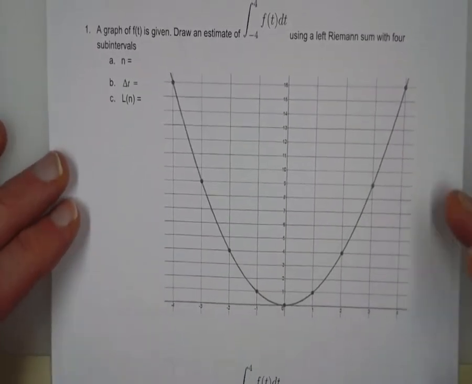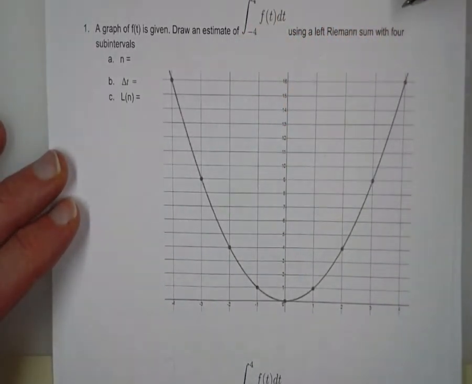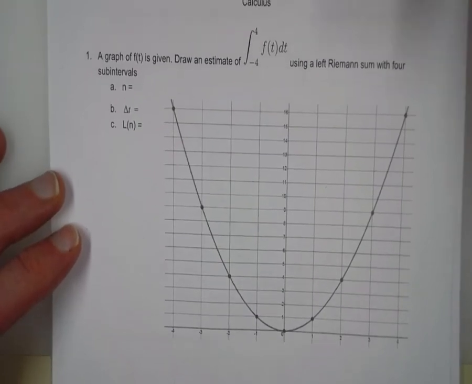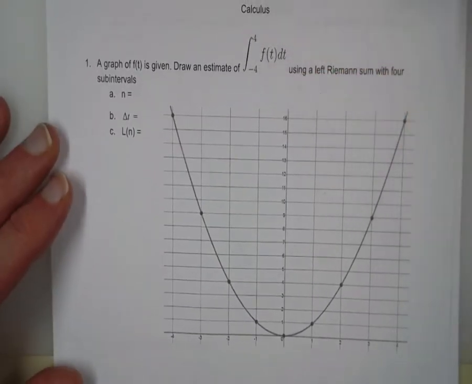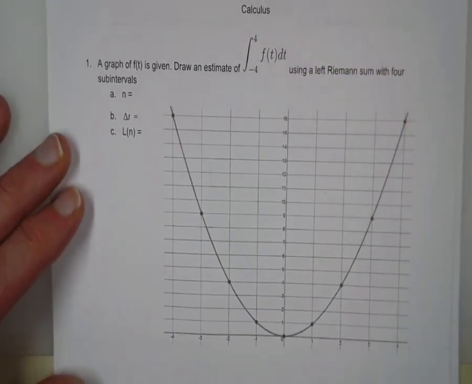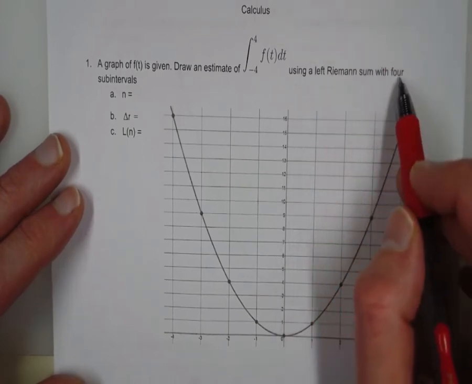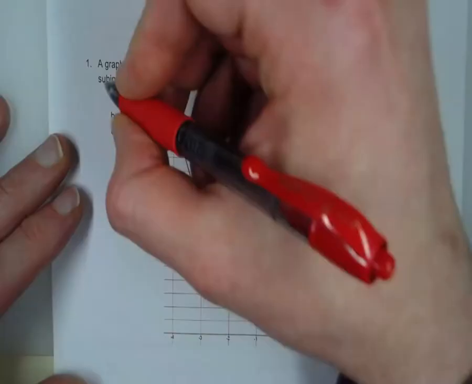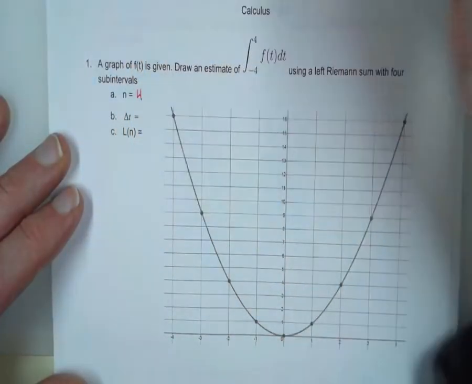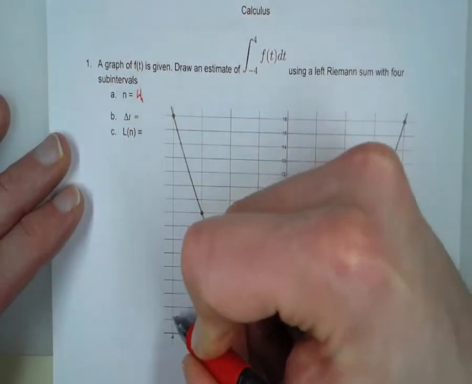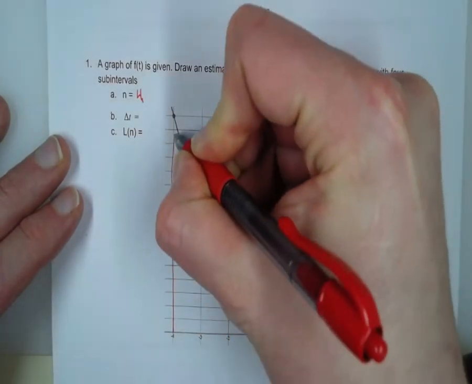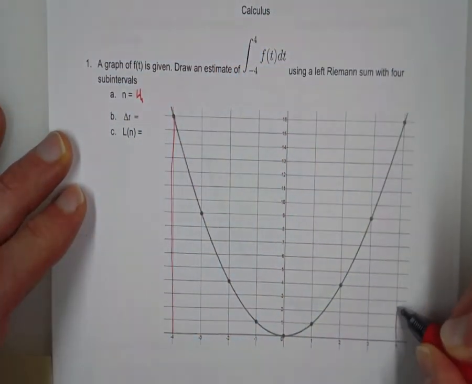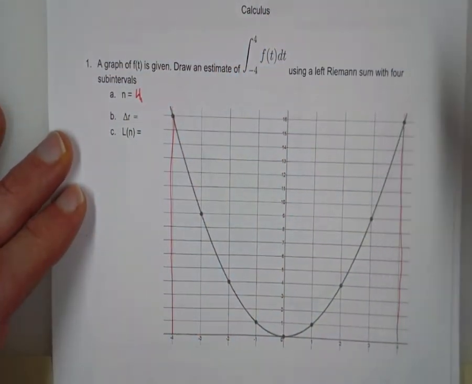So here in this problem, we have the graph of x squared. And what we want to do is estimate the integral from -4 to 4, using a left Riemann sum with 4 subintervals. So if you're asked for n is 4, that means we're going from here, from -4, over to here at +4.